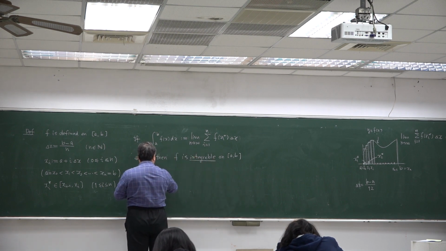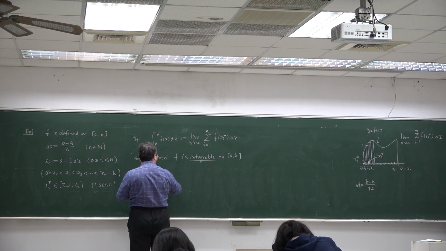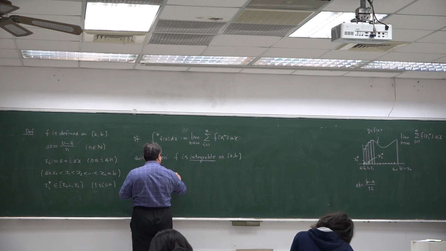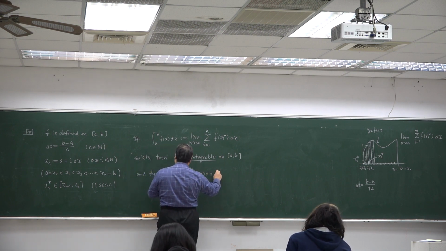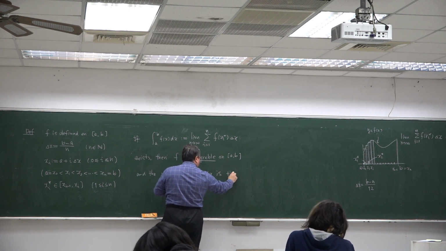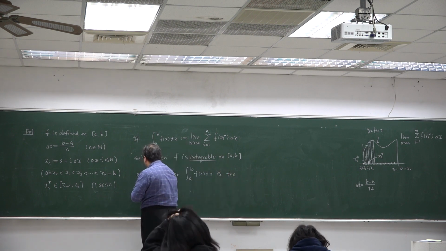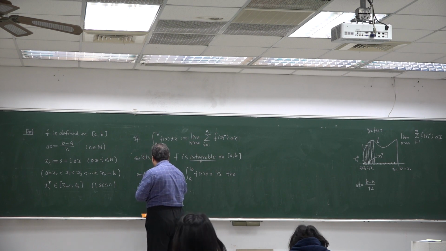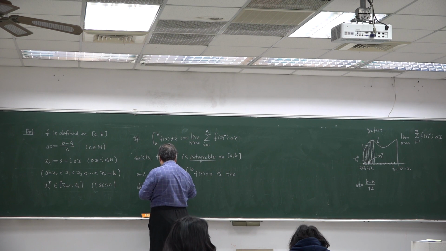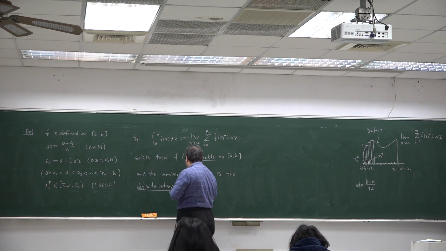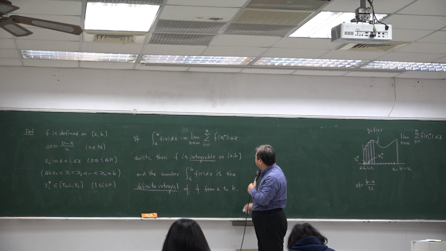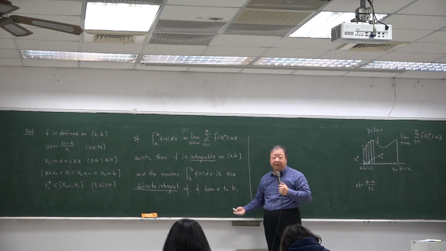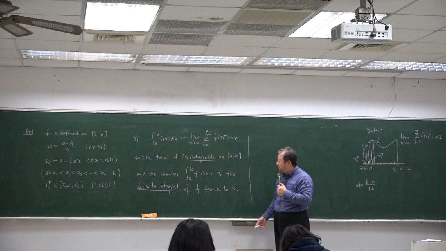And the limit is called the definite integral of the function f from the number a to the number b. Okay, so this is the definition of integration, the definite integral.